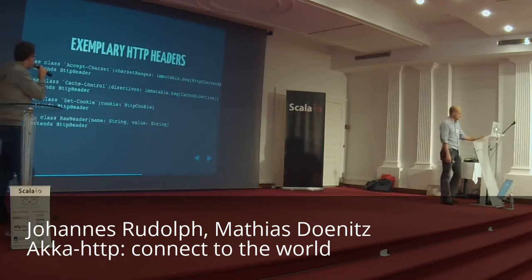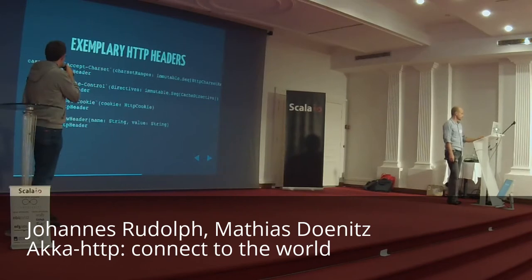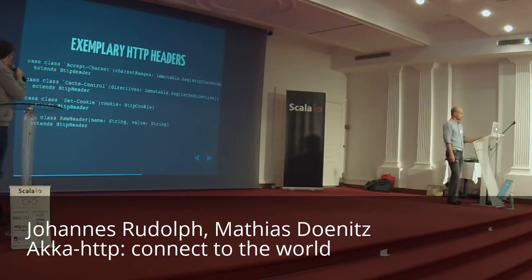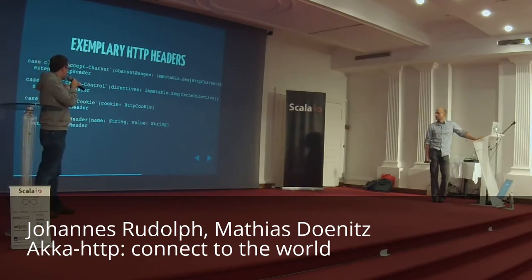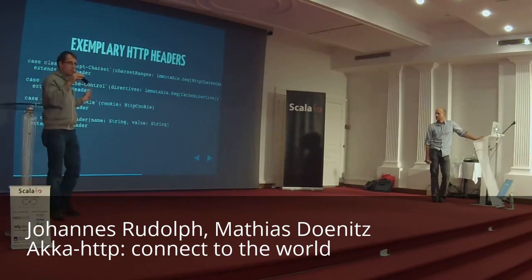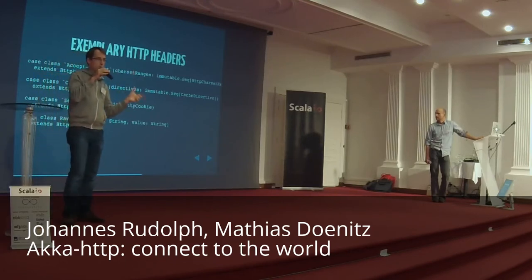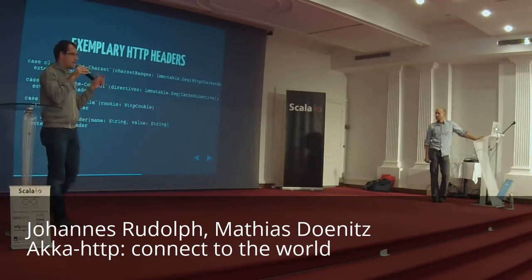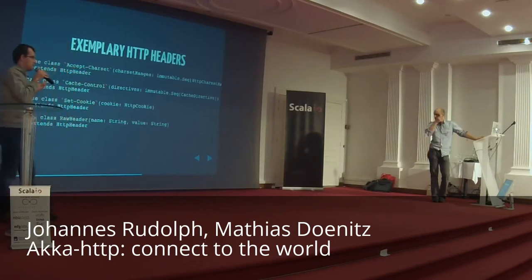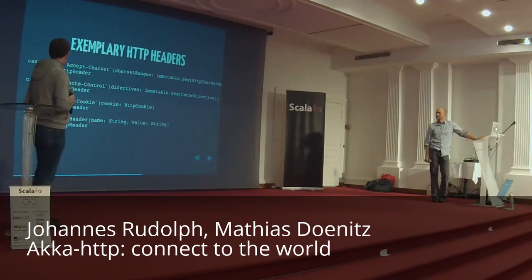Okay, then we have the model for lots of HTTP headers. Here are just some examples. For example, the Set-Cookie header takes or delivers the cookie, and the cookie itself is a model which we built, which contains the usual cookie fields, like for Set-Cookie, probably the key, the value, the path, the domain, and stuff like that.